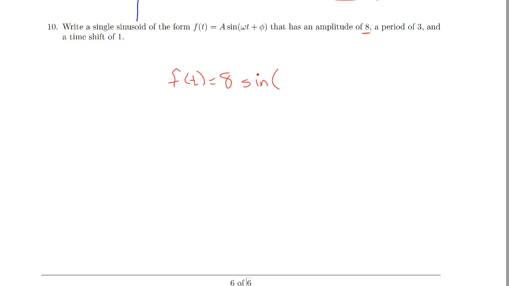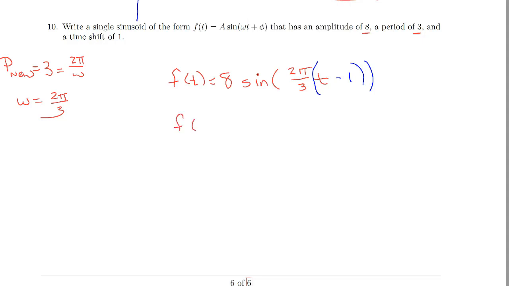I don't know omega, but I do know my new period, which is 3, because it's not 2 pi, which equals 2 pi over omega, which means that omega equals 2 pi over 3. I have 2 pi over 3 t, and the time shift is 1. If I'm doing a time shift, the best thing to do is shift it by 1 like that, and then you could multiply it all out.